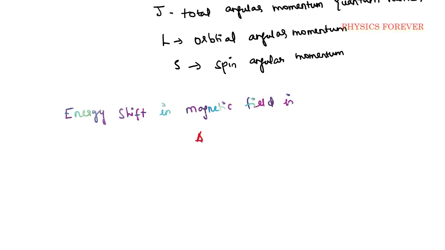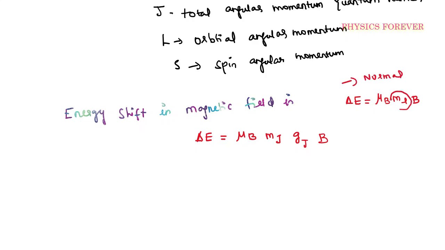So ΔE is equal to Bohr magneton μB times mj times gj times magnetic field B. In the normal case, ΔE is equal to μB ml B. This is for the normal case, where only orbital angular momentum is present, so we take it as ml.